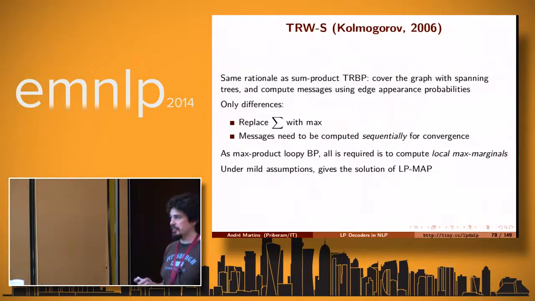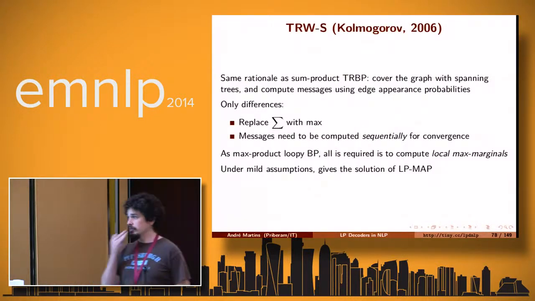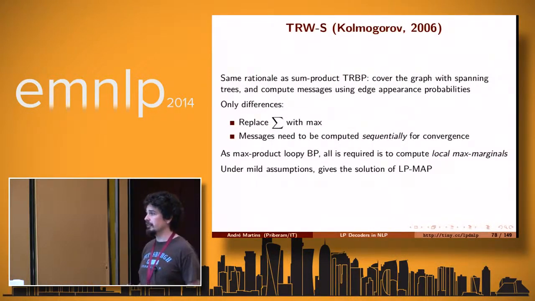Okay, the equations are the same as before. The only difference is that again we replace the summation by maximization, and you need a particular schedule that is sequential if you want to converge. But if you do that, we actually are guaranteed to get the solution of the LP map.